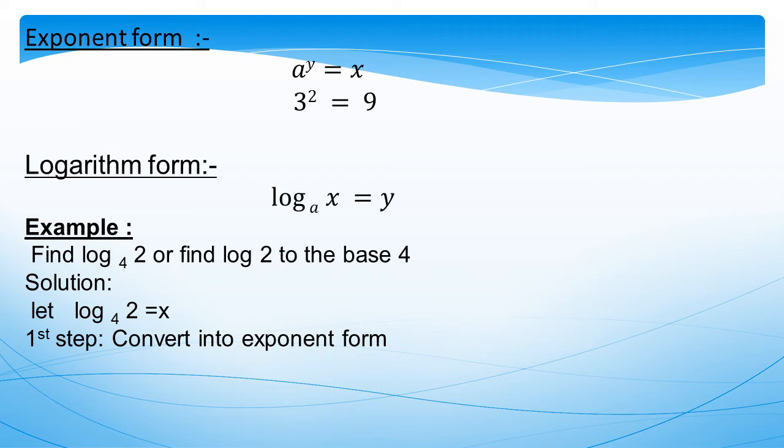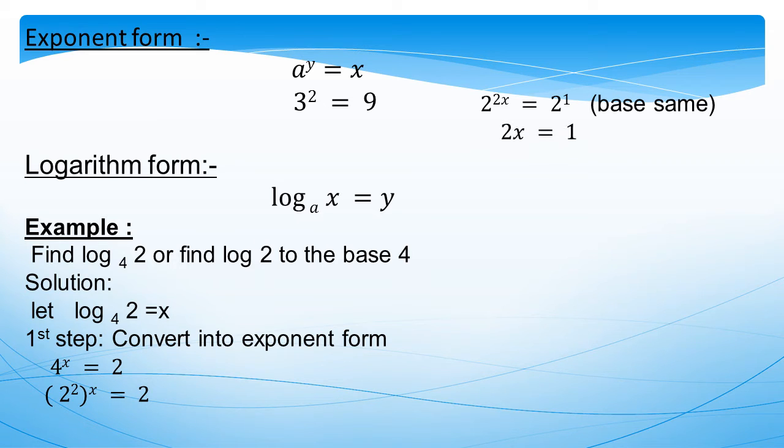First step, convert into exponent form. 4 to the power x is equal to 2. Now convert 4 into exponent form. 2 square whole power x is equal to 2. 2 raised to the power 2x is equal to 2 raised to the power 1. Bases are same, so compare exponents, which is 2x equals 1 and the value of x is equal to half.